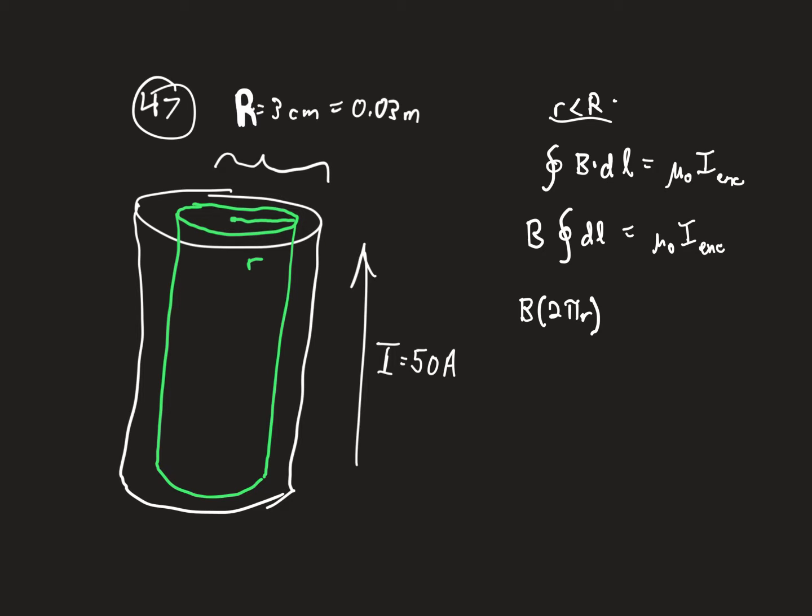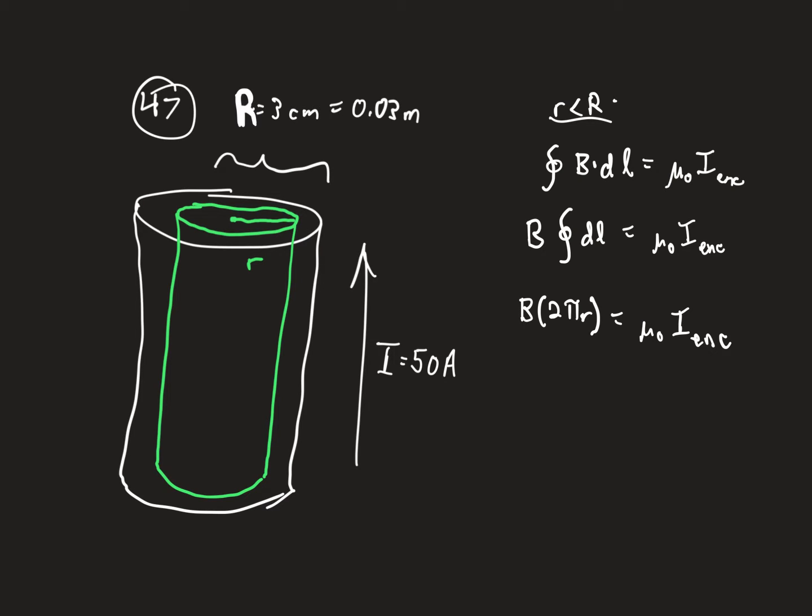What if it were a square of side S? What's the perimeter? 4S. What if it's a rectangle with this height and this width? 2 times the height plus 2 times the width, 2h plus 2l. I can give you all sorts of different shapes. It's just the perimeter going around the outer portions. Equals mu naught times I enclosed.